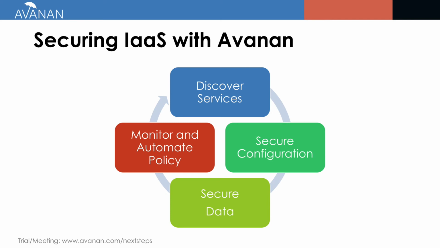The third step would be to secure the data. And finally, it would be around the ongoing monitoring and automating policy and so on and so forth. In the next couple of slides, we'll dive a little deeper into each one of these steps and give you some examples of how it would look like on the Avanan platform and what it could do from a capability perspective.